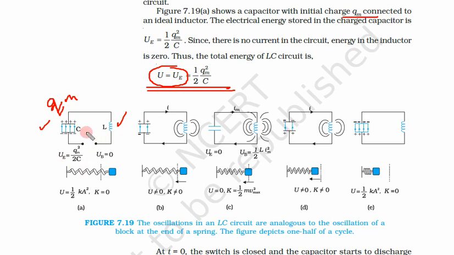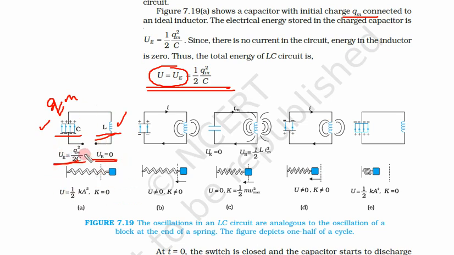We have two types of energy: electrical energy in the capacitor and magnetic energy in the inductor. The magnetic energy initially was 0 because the current has not started flowing, and the electrical energy stored in the capacitor was Qm square by 2C.